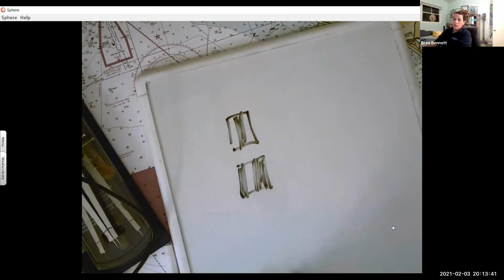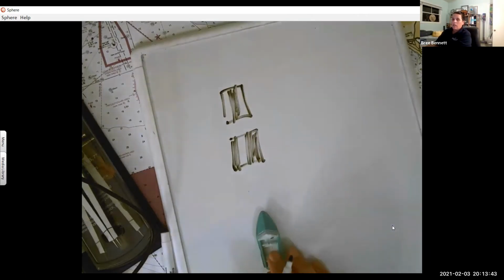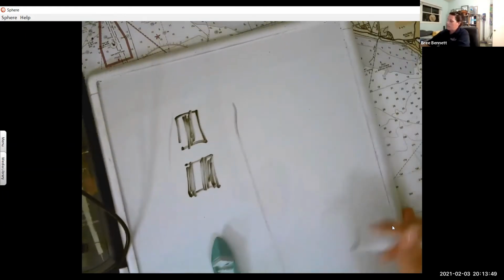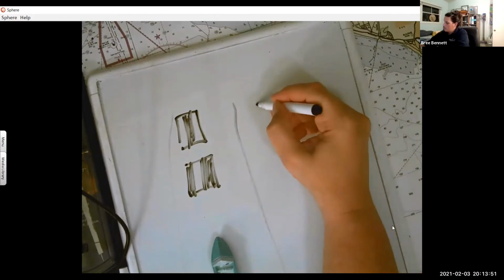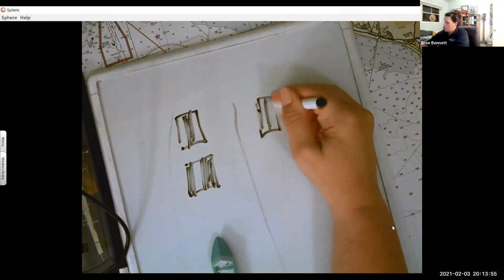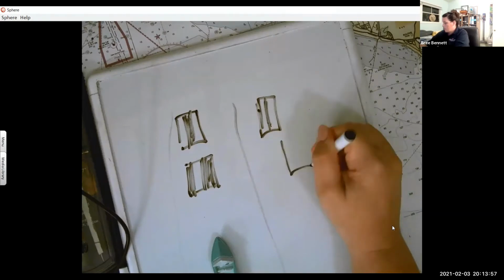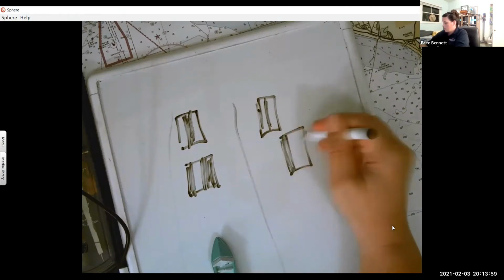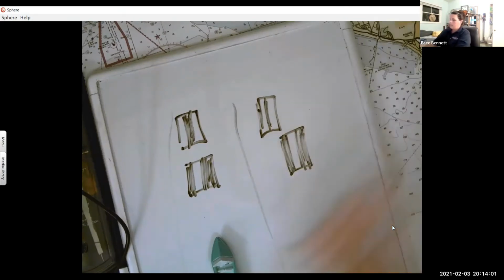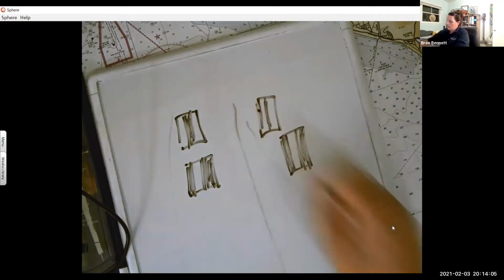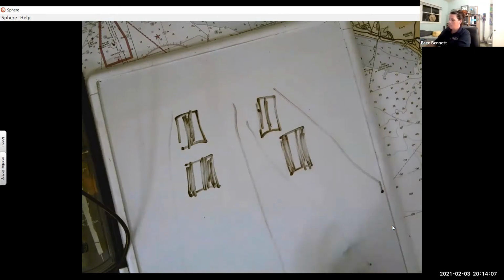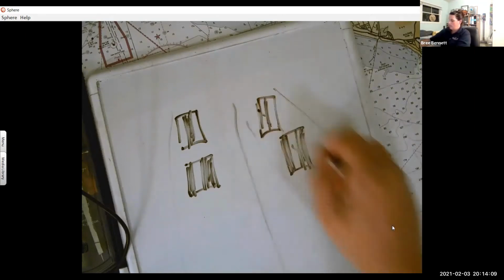As you are cruising along, you want to keep these in line, and that keeps you in the channel. So if you see these ranges like this, the channel that you want to be in is if those were in line.